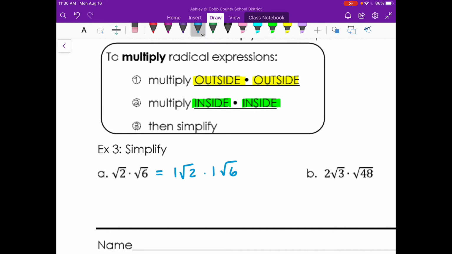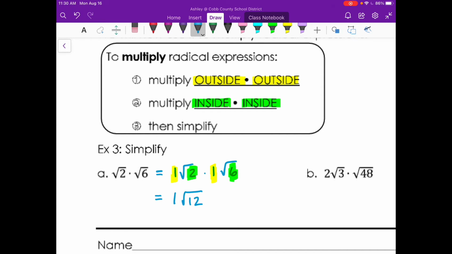Now I'll multiply the outside times the outside, so 1 times 1, which is 1, on the outside of the radical, and then I will multiply the inside times the inside, and so I have 2 times 6 on the inside, which is 12. Now, if we end up with just a 1 on the outside, we don't have to write that 1 coefficient, but we do need to simplify the radical 12.